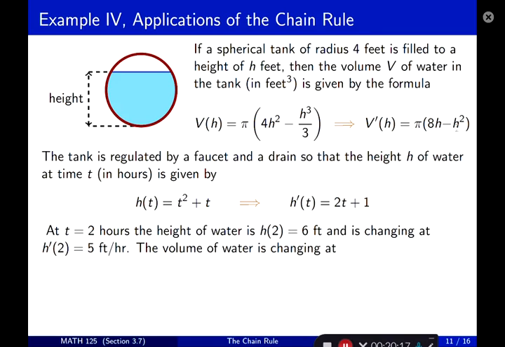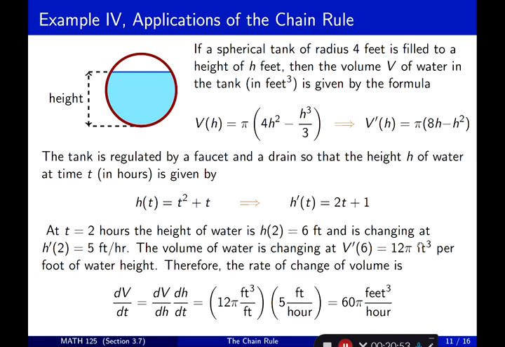That is 48 minus 36, or 12. So you get 12π cubic feet per foot of water height. So this is kind of different, right? It's not per time, because the variable that you're taking the derivative with respect to is h. So it's going to be per foot, basically. 12π cubic feet per foot.